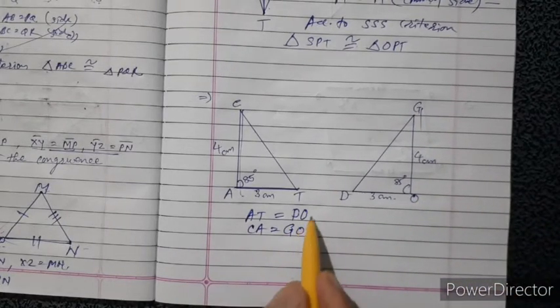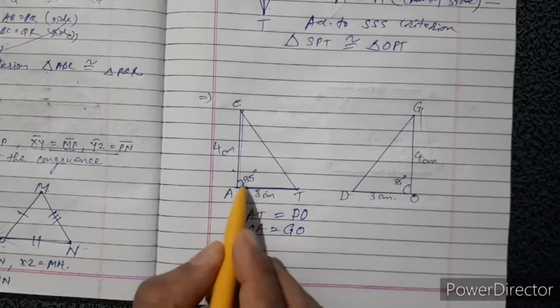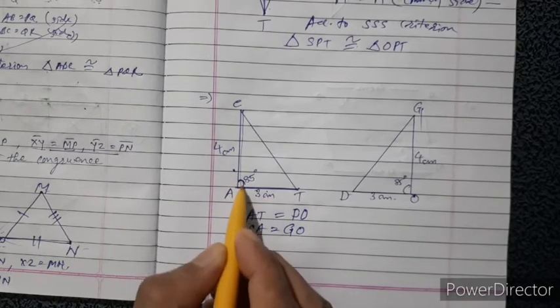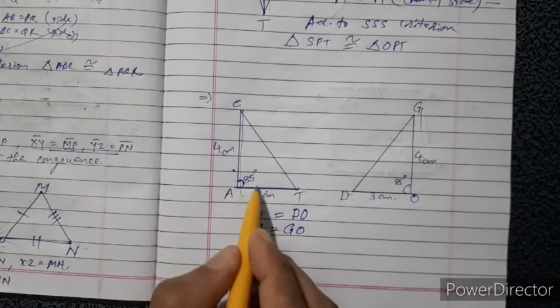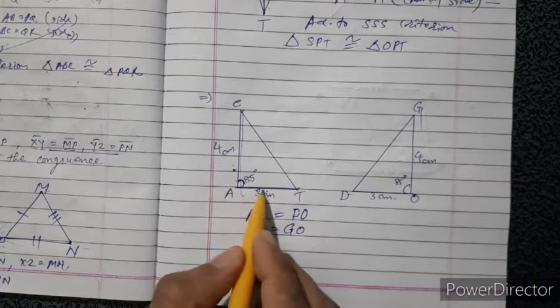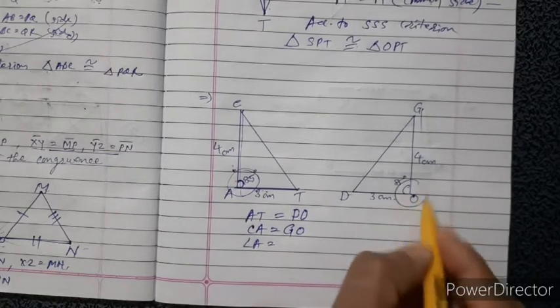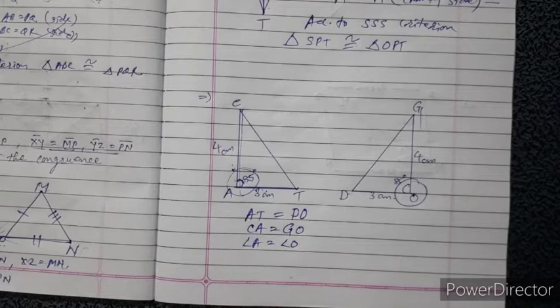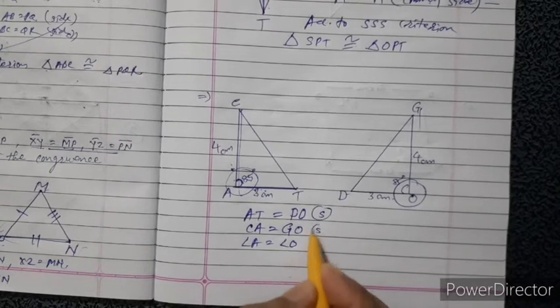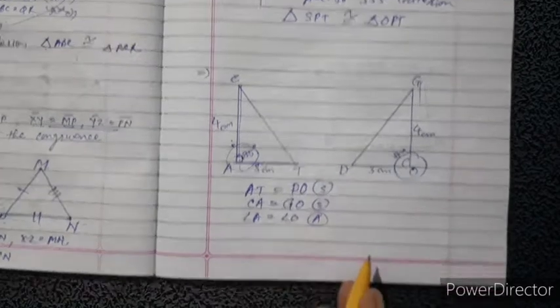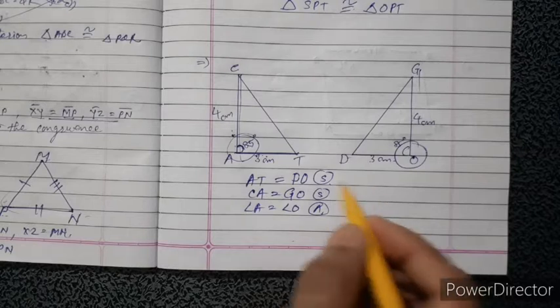Two sides are given, and the angle between those two sides, the included angle, is given. So angle A is equal to angle O. Here one side, two sides, and one angle are given, and that angle is included, in the middle.